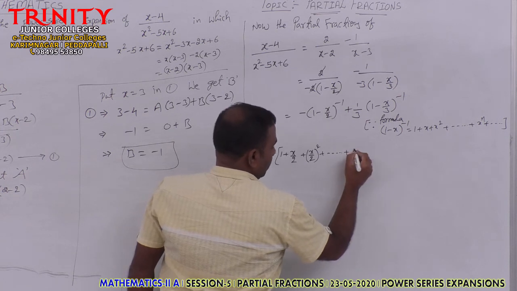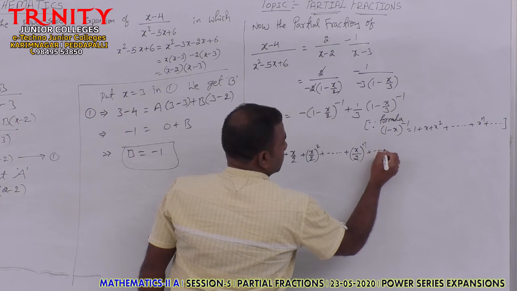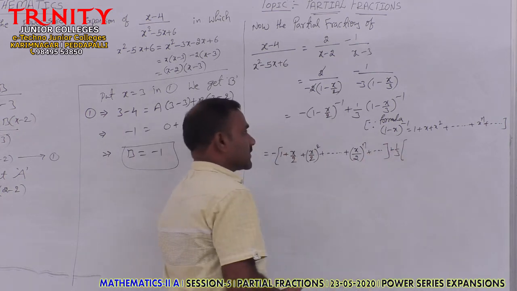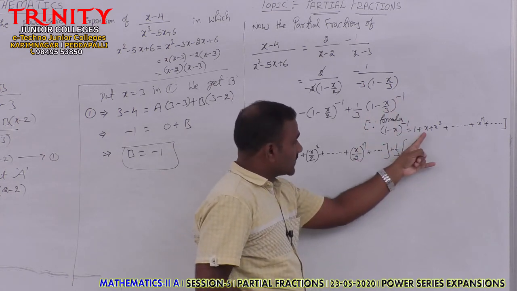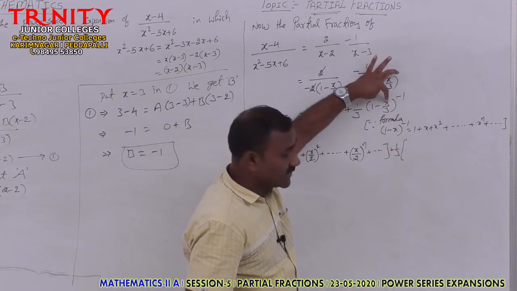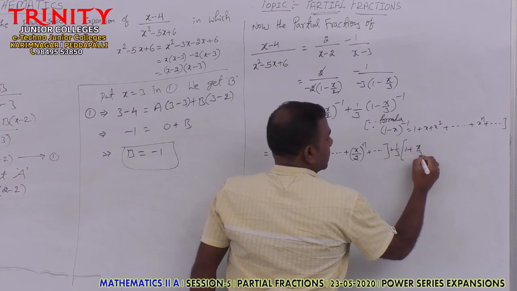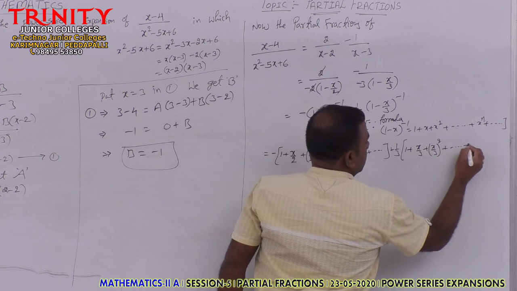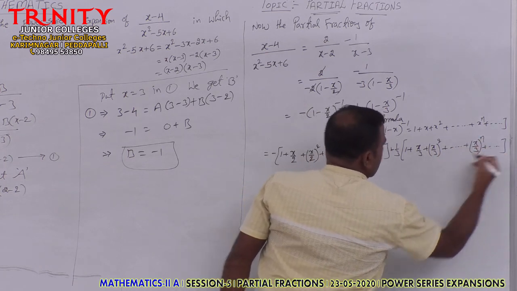Write the nth term, x by 2 whole to the power of n plus so on, plus 1 by 3 of, and in this expression also 1 minus x whole power minus 1, but x we are going to replace with x by 3. 1 plus x by 3 plus x by 3 whole square plus so on plus x by 3 whole to the power of n plus so on.